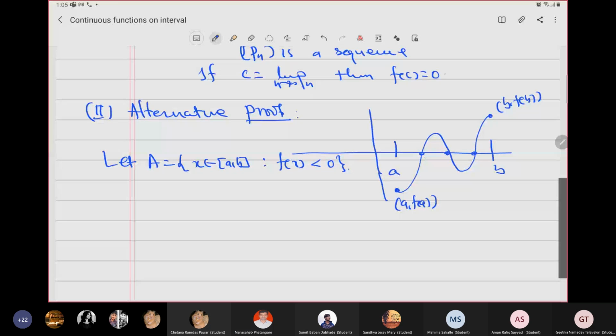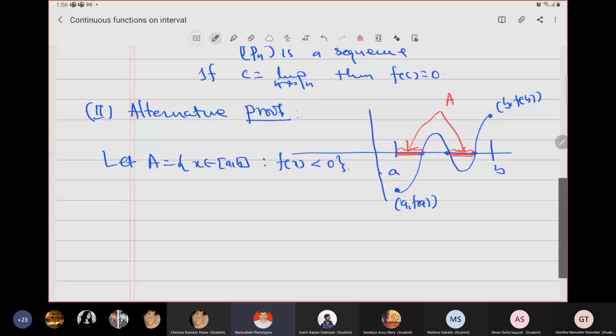Yes, sir. So this black color. Do you see the black color? These points. From this figure, you observe that this is set A, because every point in this black region satisfies the condition that f of x is negative.